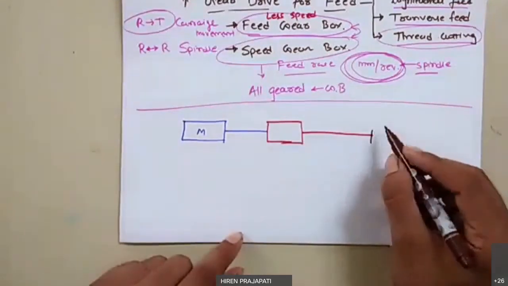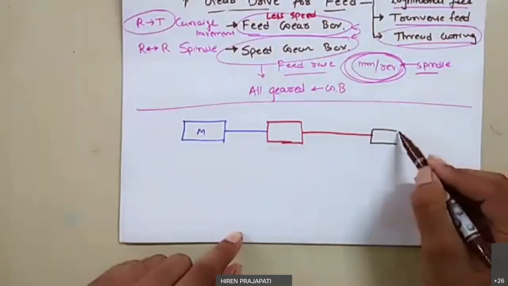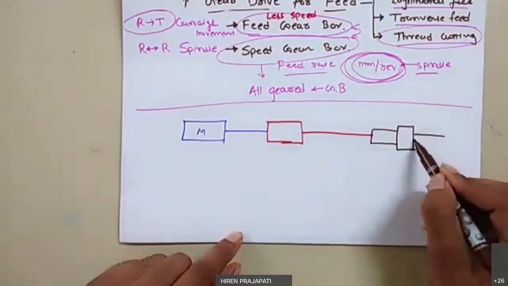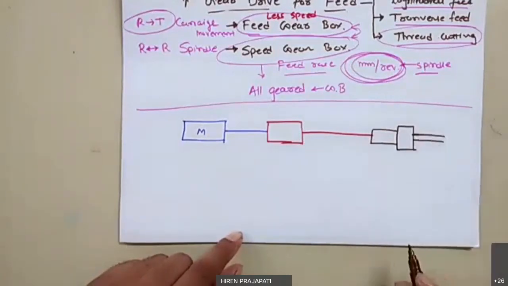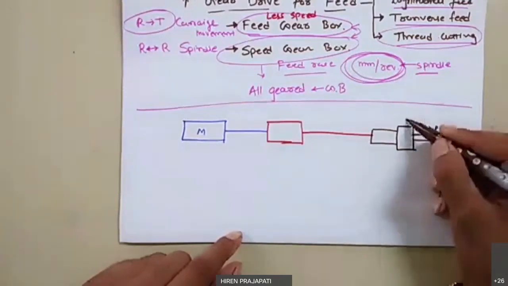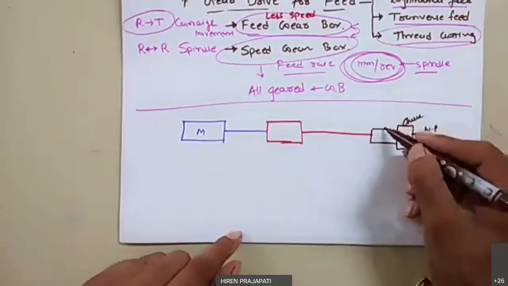Speed gearbox is connected to spindle, right? And on spindle we have workpiece, right? So this is our workpiece. This is chuck, suppose, and this is spindle.